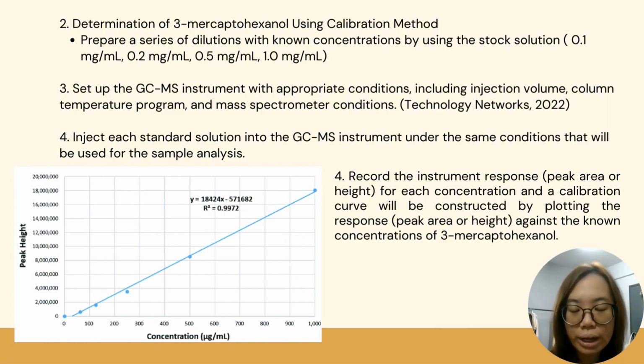We need to inject each standard solution into the GCMS instrument under the same conditions that will be used for the sample analysis. Lastly, we need to record the instrument response, which is peak area or peak height for each concentration, and a calibration curve will be constructed by plotting the peak area or height against the known concentrations of 3-methylhexanol.